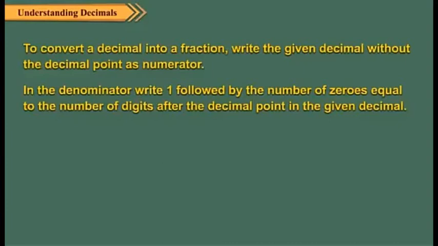In the denominator, write 1 followed by the number of zeros equal to the number of digits after the decimal point in the given decimal. For 0.6, we write 6 as the numerator. Since 0.6 has 1 digit after the decimal point, we write 10 as the denominator. So, 0.6 is equal to 6 by 10.